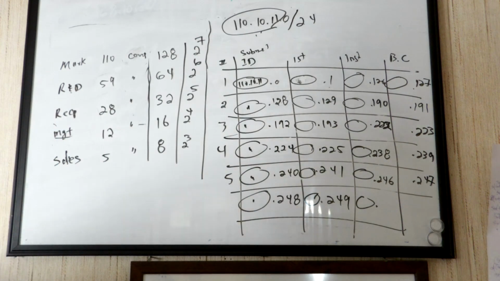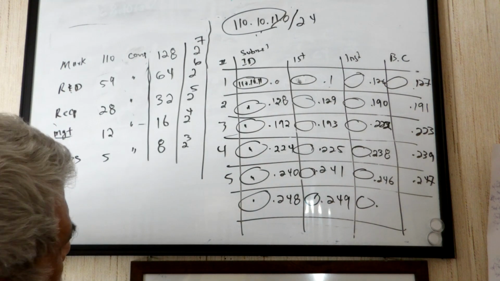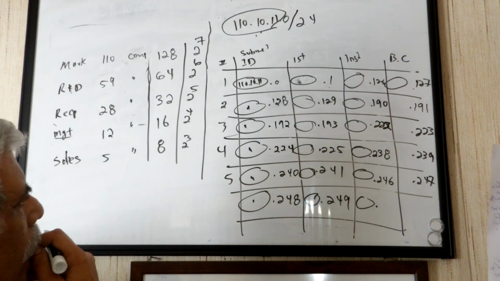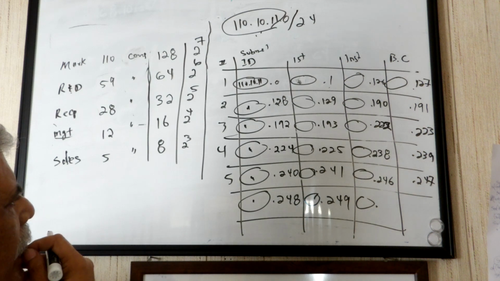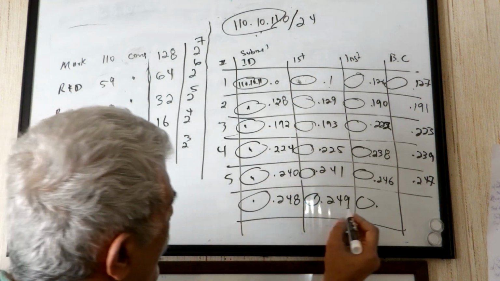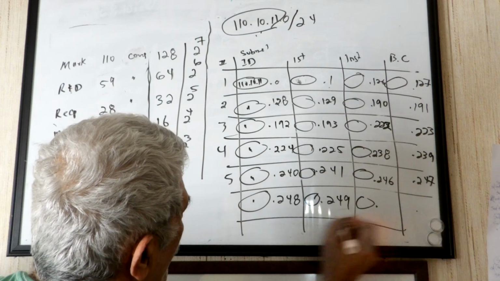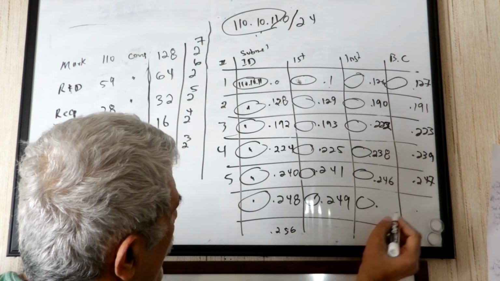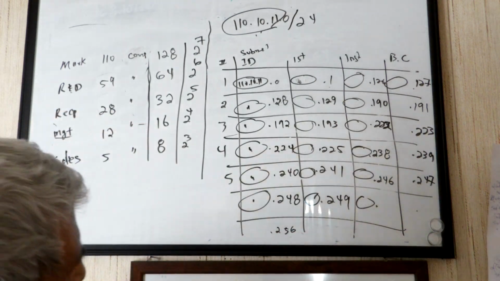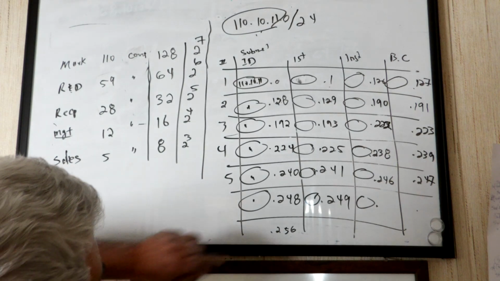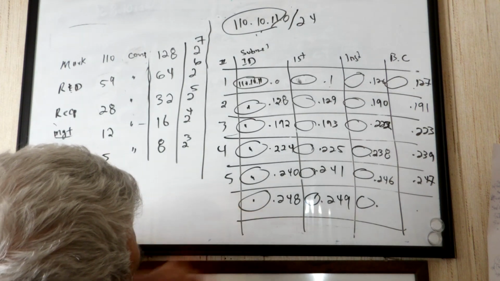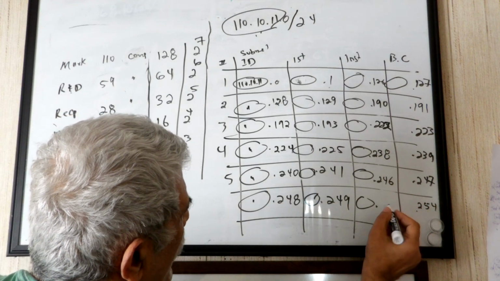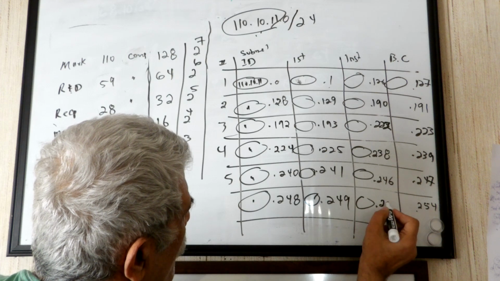For this last one, we add 8, so it's going to be 256. This is the last one, so the last host is going to be 254, and then 253.